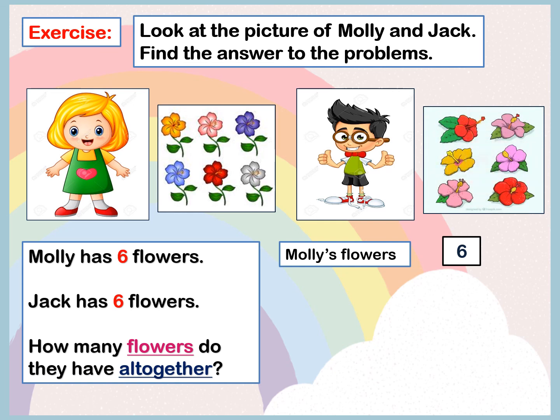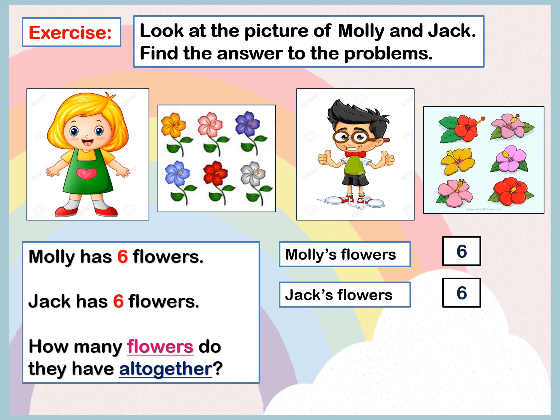How many flowers does Jack have? Let's count. 1, 2, 3, 4, 5, 6. Jack has 6 flowers. So Jack's flowers, how many? Right, 6. The question is, how many flowers do they have altogether?